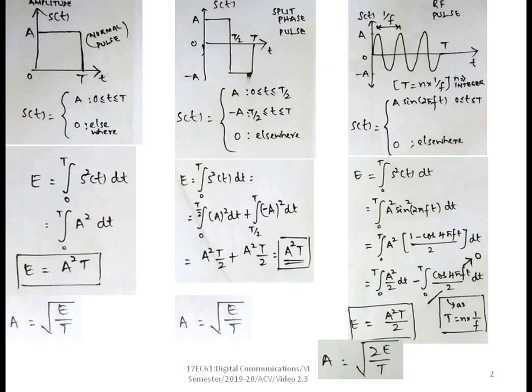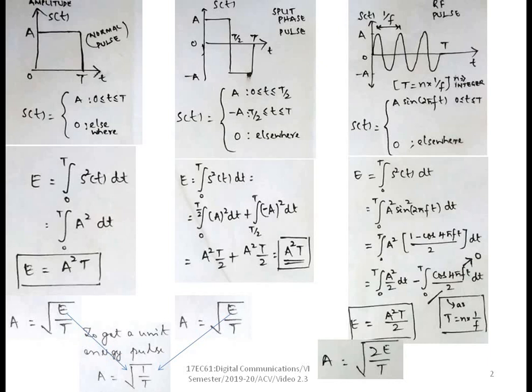As I have just mentioned, for energy to be equal to E, the amplitude in the first and second case is root E by T, and in the third case it is root 2E by T. So what should be the amplitude level for energy to be equal to unity? In the first and second case, if I substitute E equal to 1, the amplitude will be root of 1 by T. What we should do is normalize the energy.